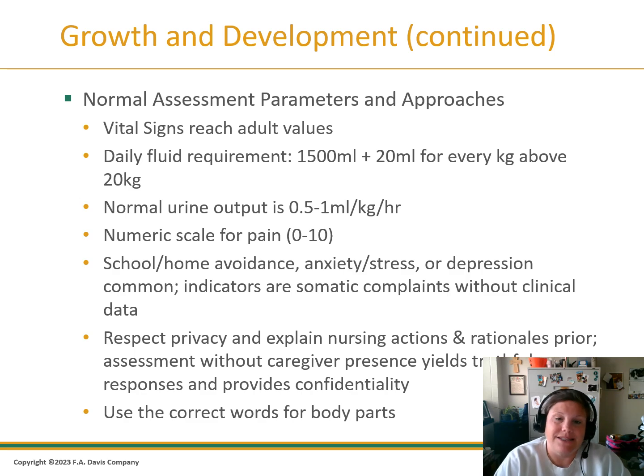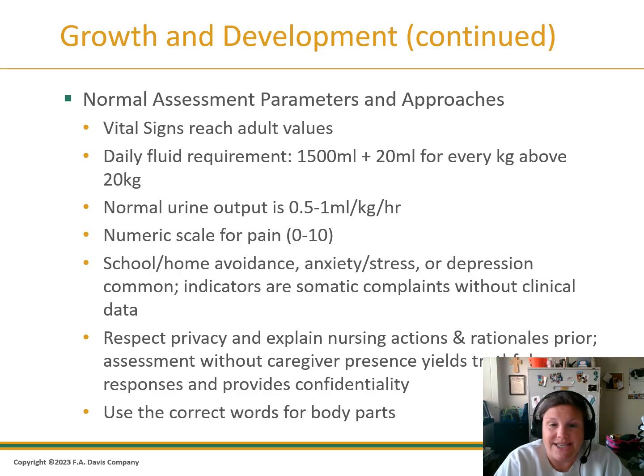So I basically need to know that the patient's daily fluid requirement would be 1500 mils plus 20 mils for every kilo above 20 kilos, which means 20 times 25, because that's the difference in amounts for them. So 25 times 20 would give me 500. Let's just say 510 for ease of addition.